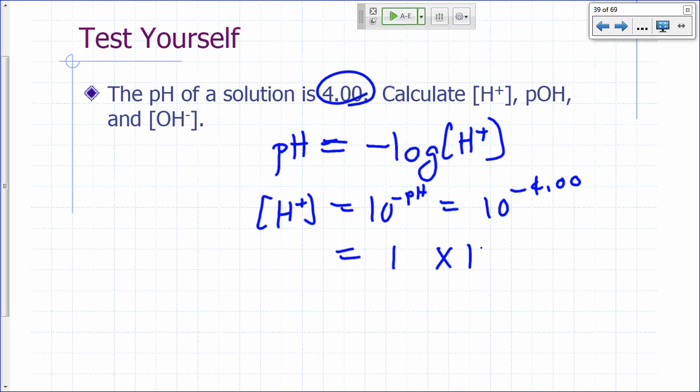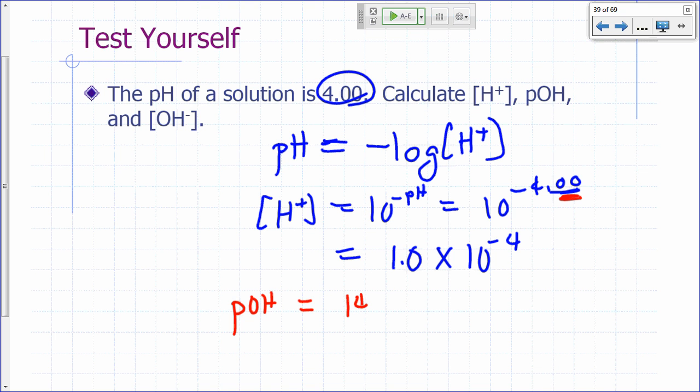But how many sig figs should I have? Two decimals in the pH means I need to have 2 sig figs in my answer. So it's 1.0 times 10 to the negative 4. What is my pOH? pH and pOH add up to 14.